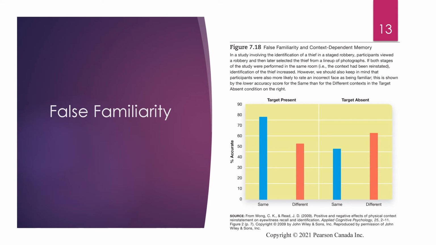But in the target absent condition, when the thief wasn't actually in the pictures, being in the same context actually decreased their accuracy because they were more likely to rate a face that they hadn't seen as one that they had seen. So it seemed to have created a false memory in them of having seen the person that they actually hadn't. So you can see how it can be both beneficial and detrimental in a way.